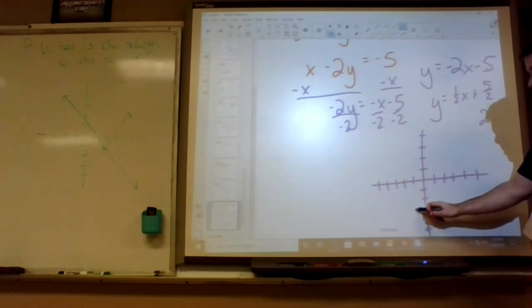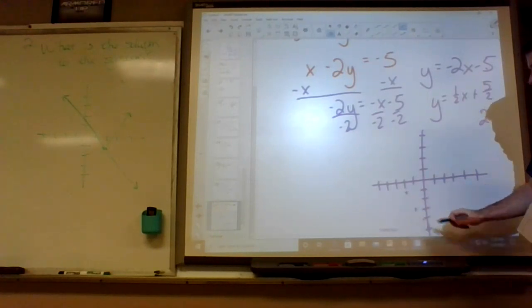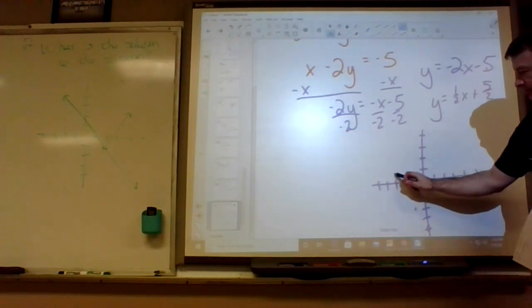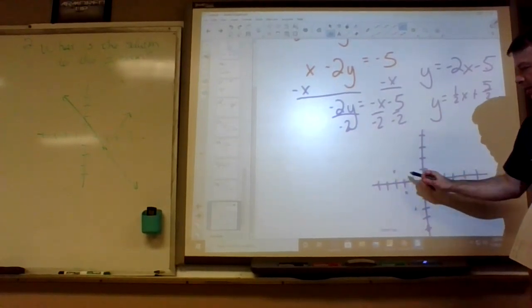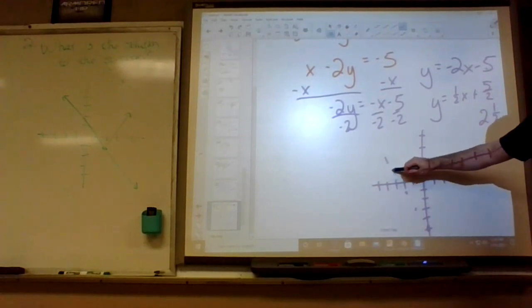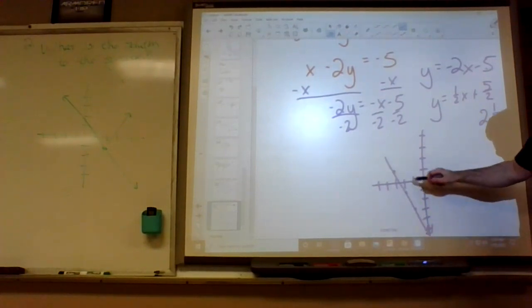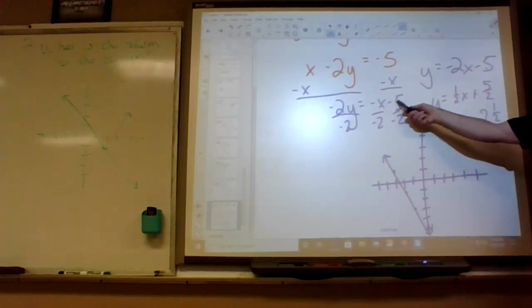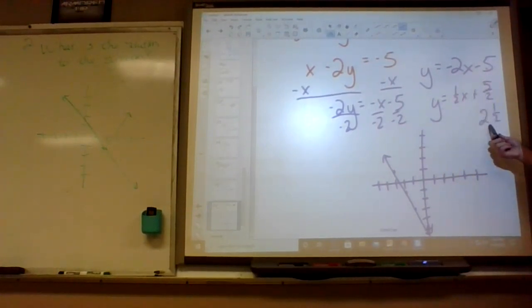Yeah, that's what I did wrong. Mr. Jordan, can you first go up and down, then side to side? The x values are left and right, so that would be first, left and right. Okay, yeah, 5 halves is 2 and a half.